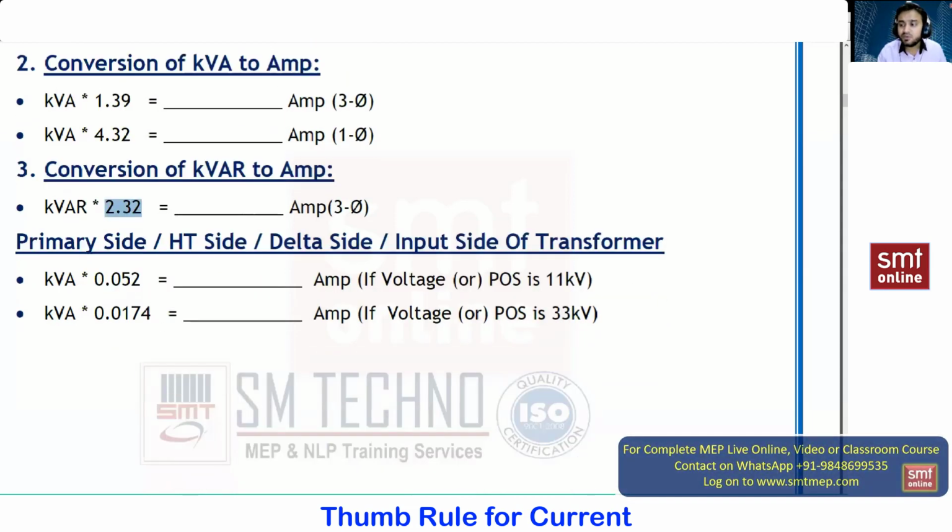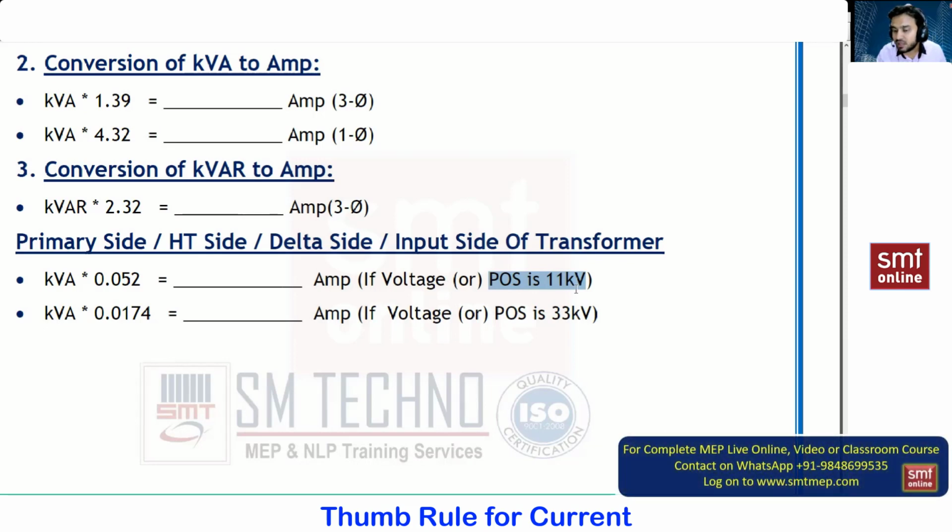Now, generally we won't work with the primary side, but if you are asked to check the amount of current at the high tension side, or delta side, or input side of the transformer, everything means the same. If you have a POS of 11 kV, what is POS? Point of supply, the source of supply to the transformer. In the last class we discussed that in 90% of cases 11 kV will be the point of supply.